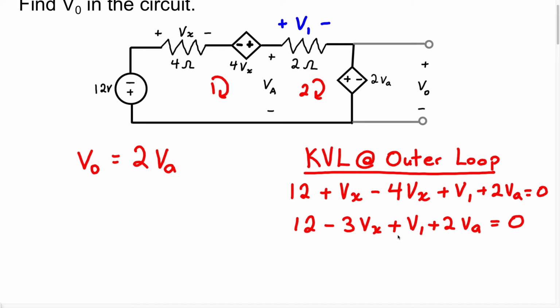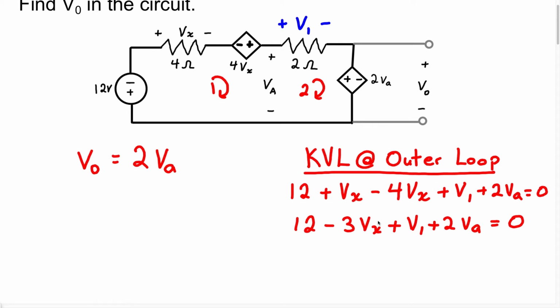Because we have three unknown voltages, I want you to ask yourself, do we have one or more than one passive elements, such as resistors, capacitors, or inductors? In this particular situation, we do. We actually have two resistors, and both of those voltages we do not know. We have Vx, which is here, and we have V1.